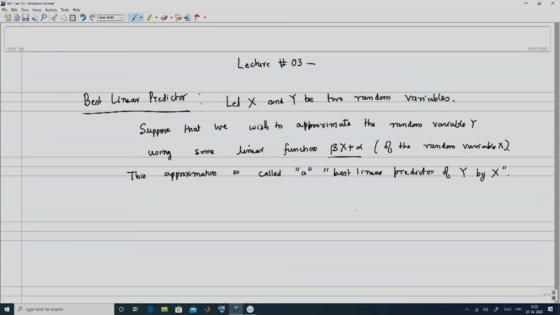So, once we have this random variable y, which we want to approximate by the linear relation beta x plus alpha, clearly the set of random variables generated by this approximation beta x plus alpha, where beta and alpha have to be determined based on the information that we have about x and y, results in predicted values of y.